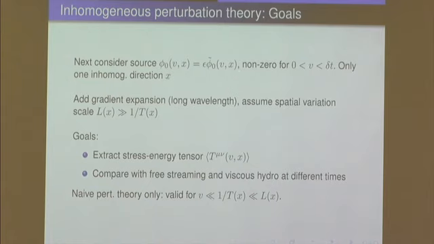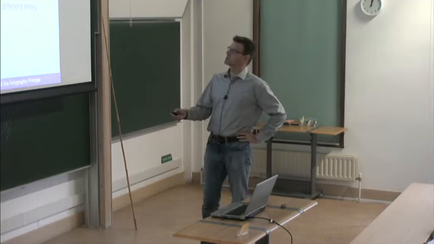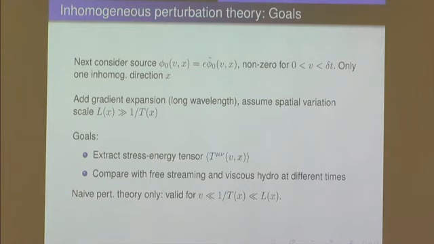So now I add this x dependence. And then on top of the amplitude expansion, I'm going to do a gradient expansion, which means working in the long wavelength limit. And so I assume that the scale of spatial variations is a lot longer than the thermal wavelength.